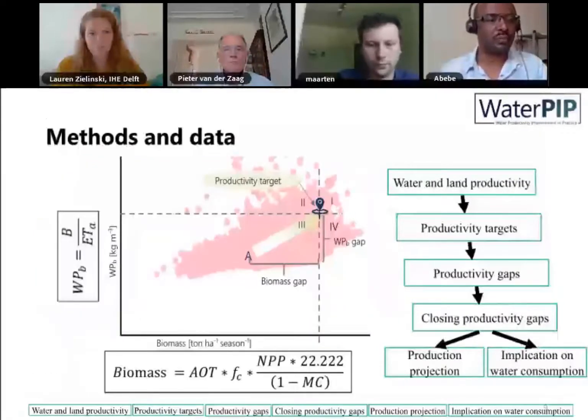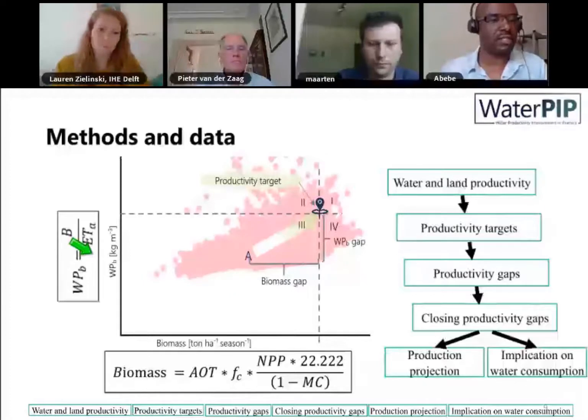The biomass on the x-axis here is calculated with the equation explained in the box. And on the y-axis, we have the biomass water productivity. If we plot those variables per pixel for the whole Sinavana area, we see the orange cloud of pixels.